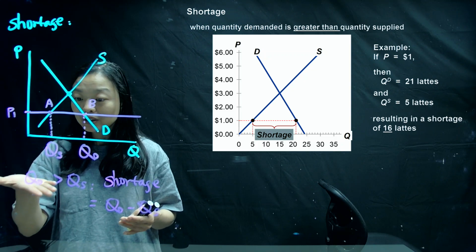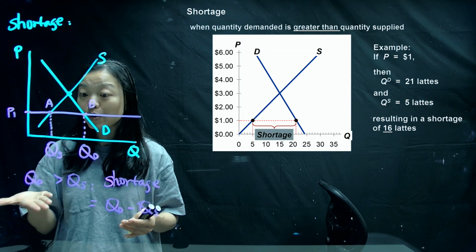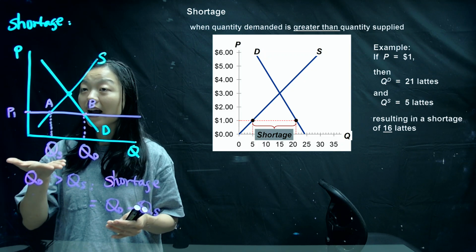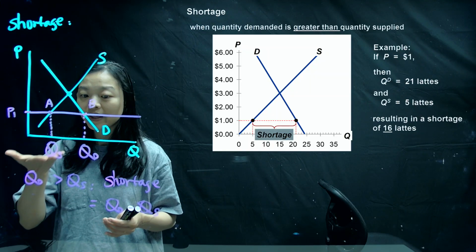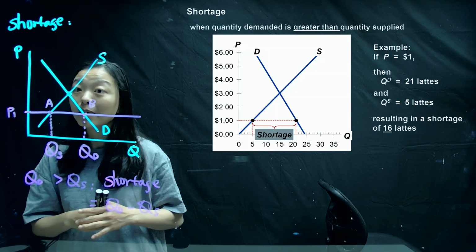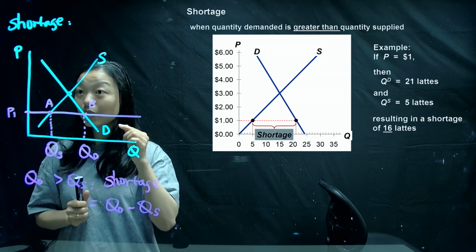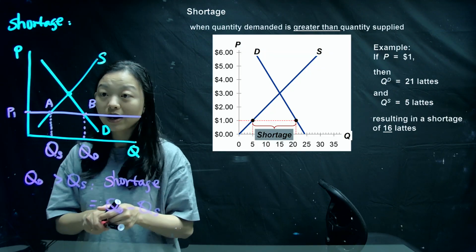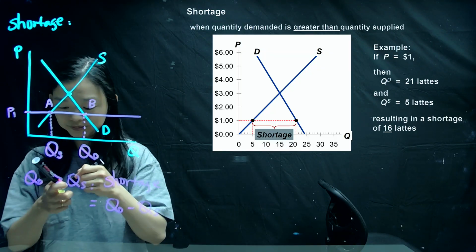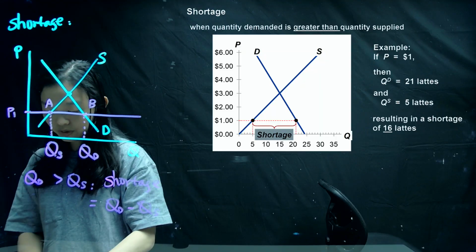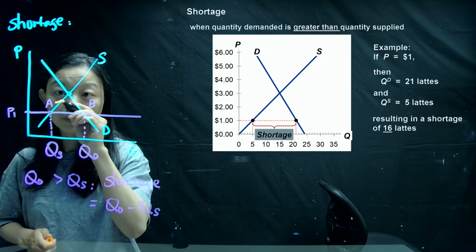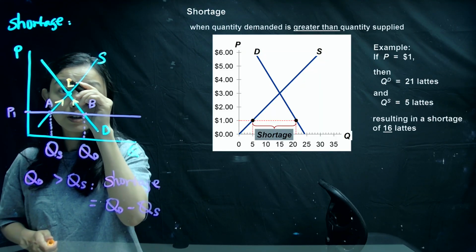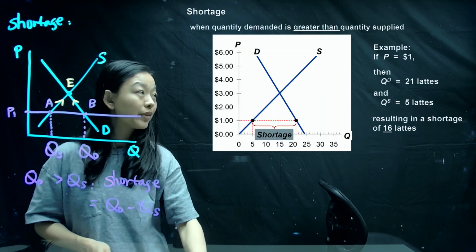So the consumers will level up their expectations for the price. Therefore, the price will go up. When price goes up, it will motivate the sellers to provide more products, right? So the price will go up until they reach the equilibrium point, okay?